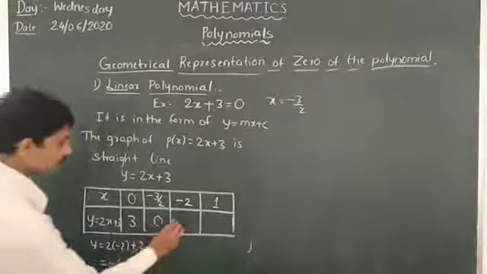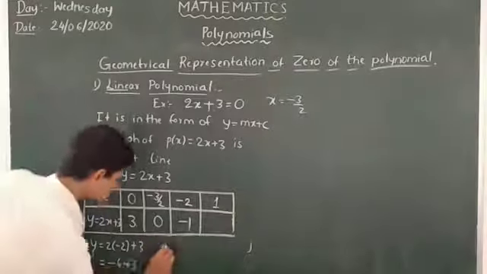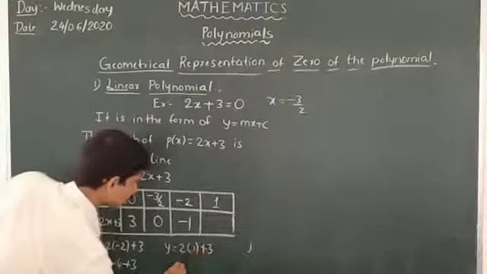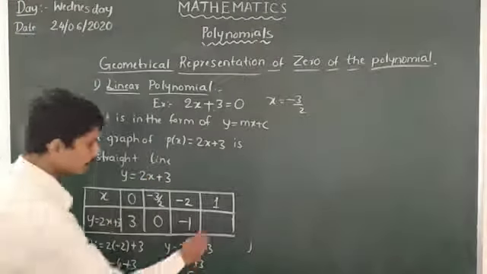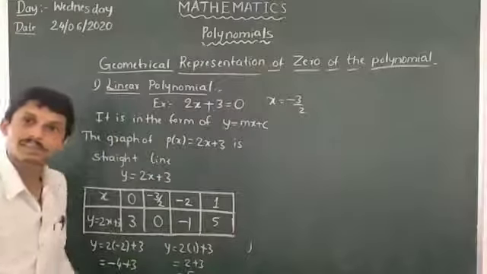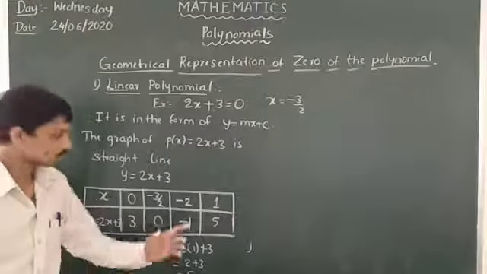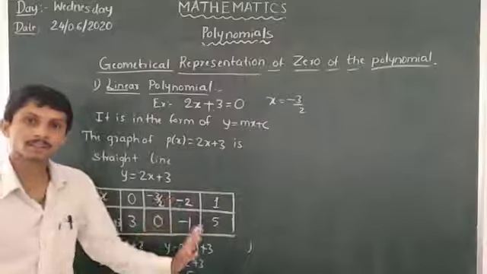Then if we substitute 1, y is equal to 2 into 1 plus 3, which is 2 plus 3, equal to 5. You can make this calculation in rough. So these are the values of x and these are the values of y.